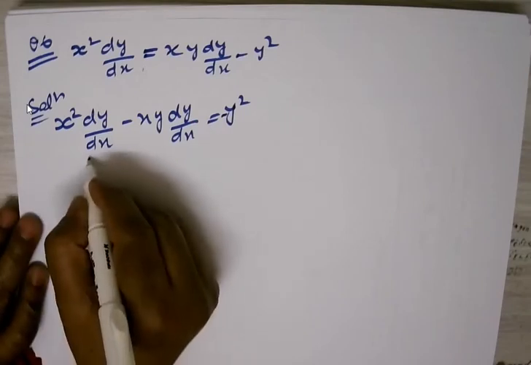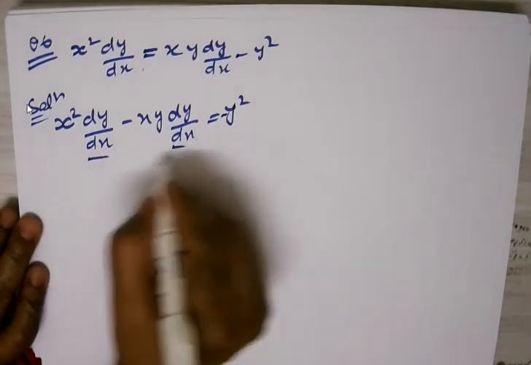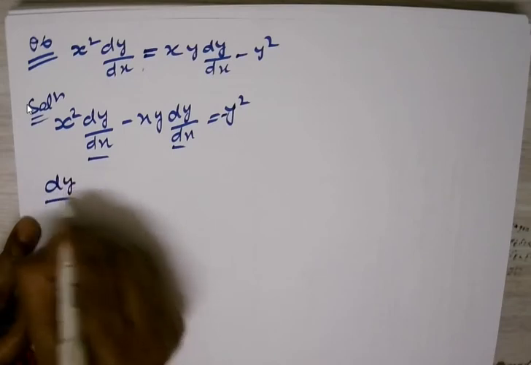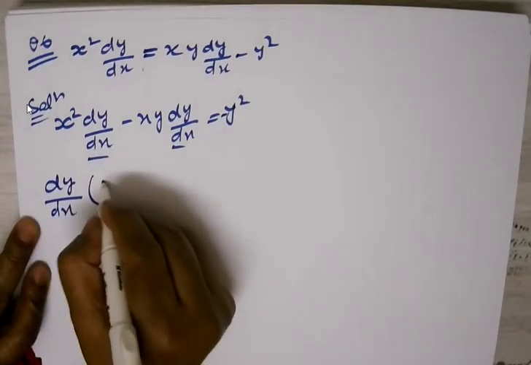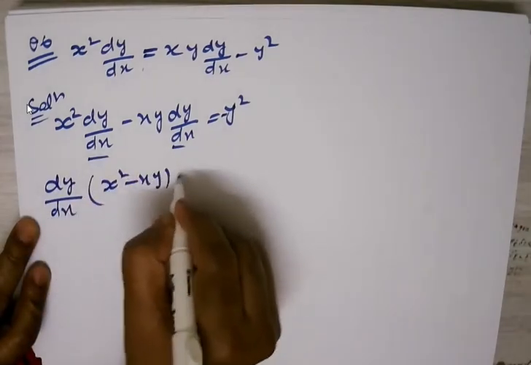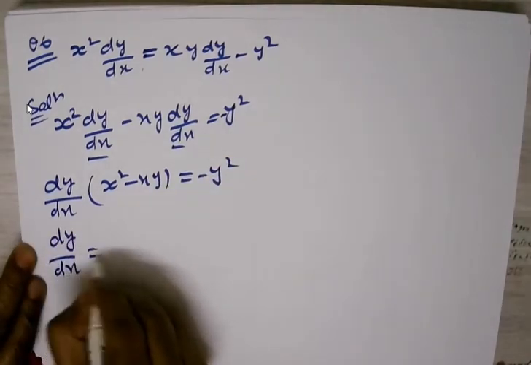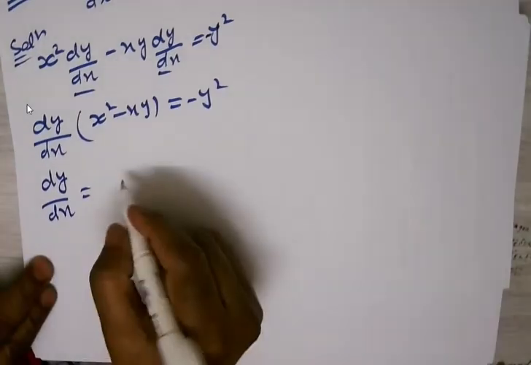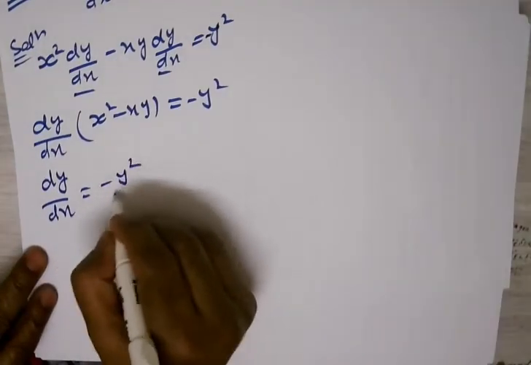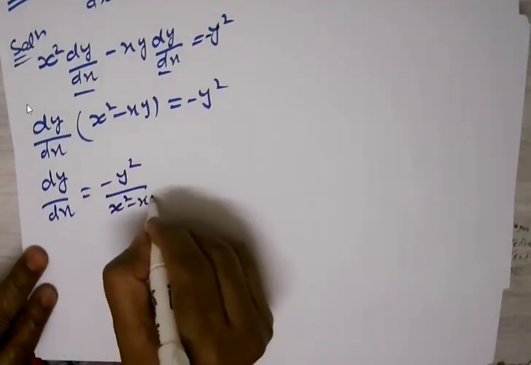We can take dy/dx common. So what is remaining? (x² − xy) dy/dx = −y². Therefore dy/dx = −y²/(x² − xy).